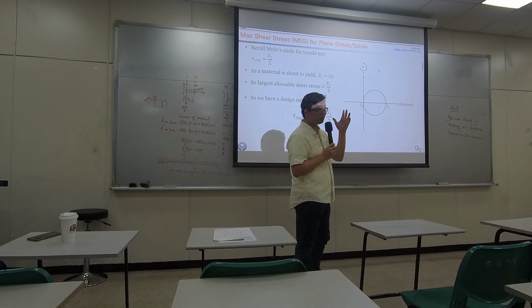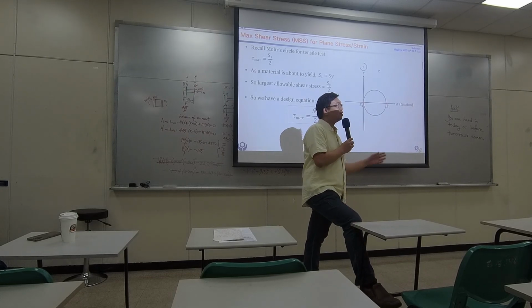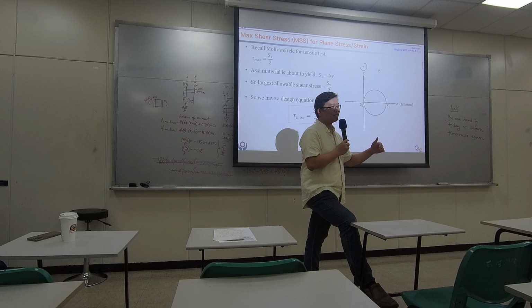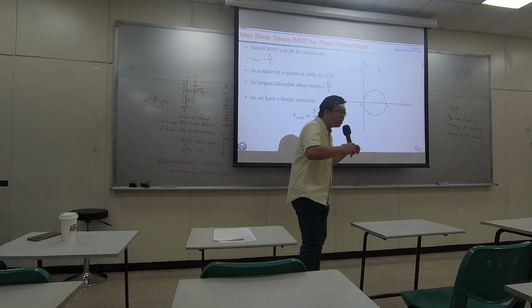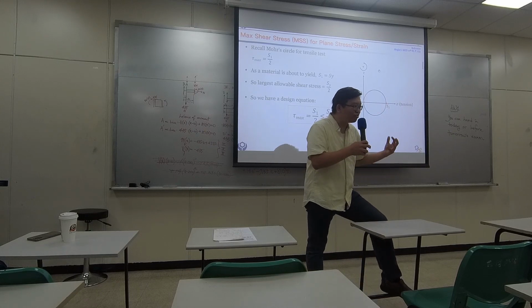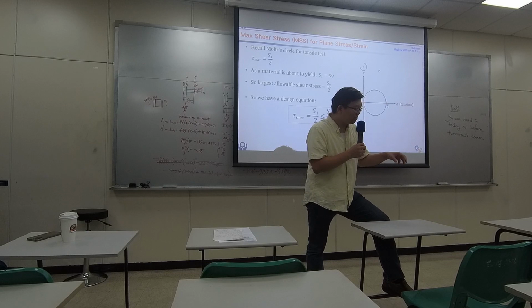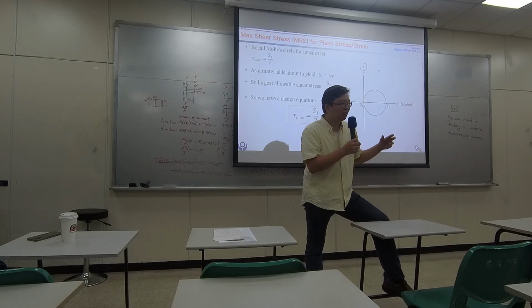I can continue to pull it, and my stress is going to keep increasing up to a certain point when it's about to yield. So in mechanical design, we don't want to see yielding. You don't want to ride your bicycle until one day, due to a crash or whatever load, if you're too heavy, some metal part of your bicycle starts to deform and doesn't go back.